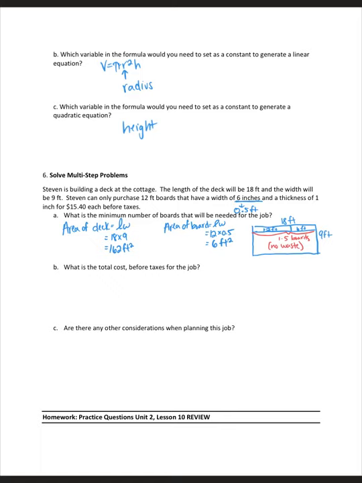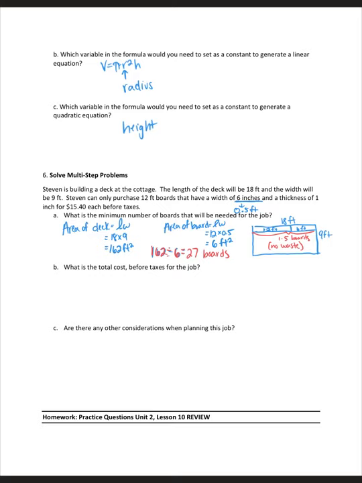We need to figure out how many boards we can get into the deck. So we can take 162, because that's the area of our deck, divided by the area of a board to figure out the minimum amount of boards we could use. So 162 divided by 6, we need at least 27 boards to fill that deck.